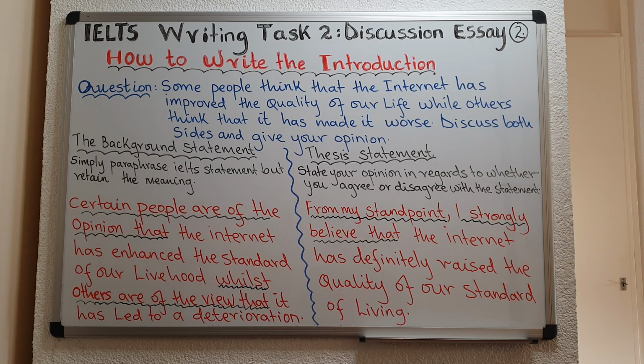General training students, task 2 is the same as the academic IELTS. So whether you are a general training student or an academic student, writing task 2 is the same for everyone. The essay is written in the same way and the scoring is the same.